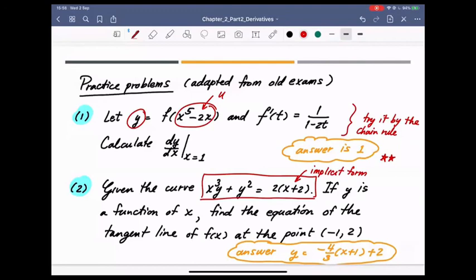This is going to be way too hard. So my suggestion is that you should do the implicit differentiation, and then you plug in x equal to -1, y equal to 2, and solve for y prime. So you're going to get your slope, and once you get your slope, you can build the equation, and the answer is here.